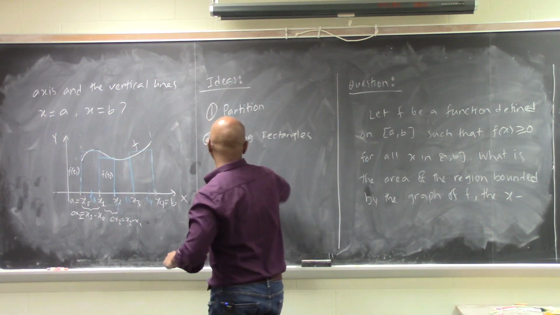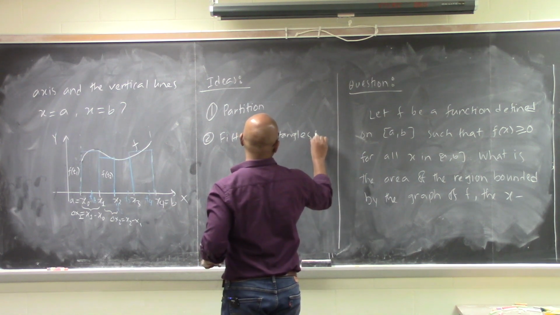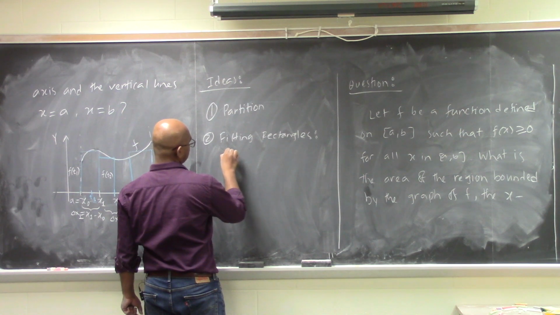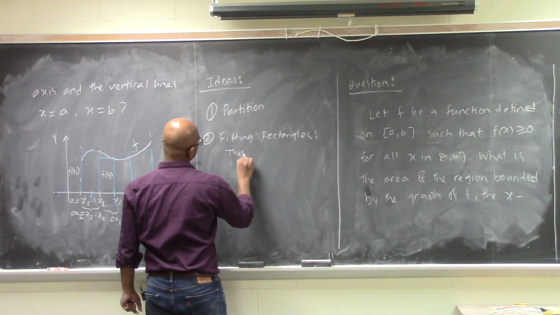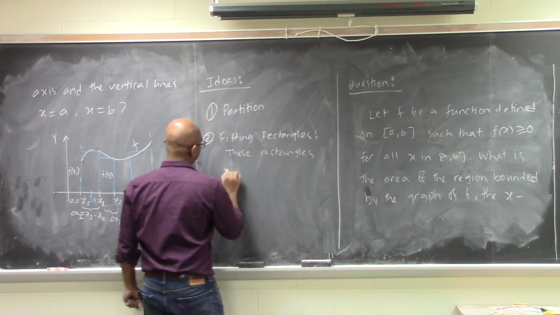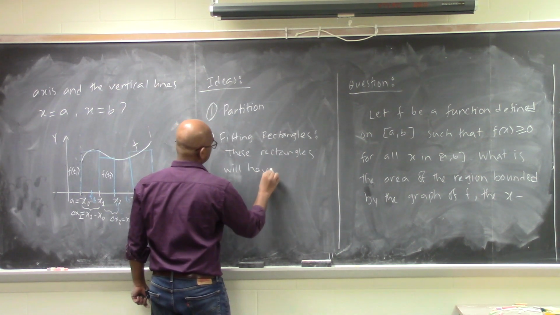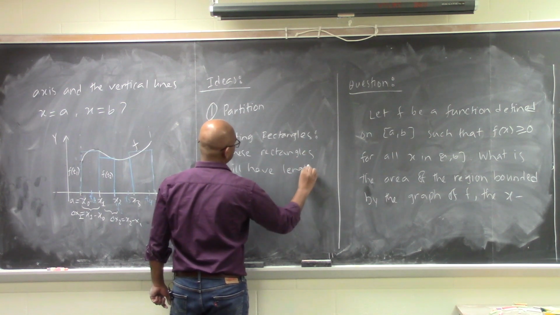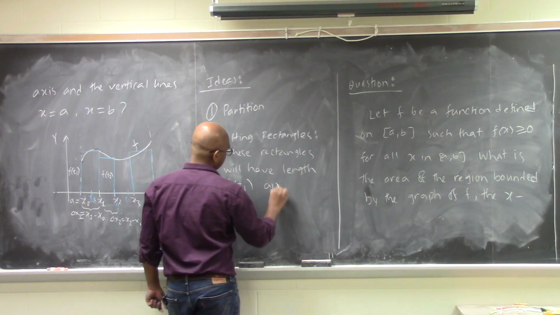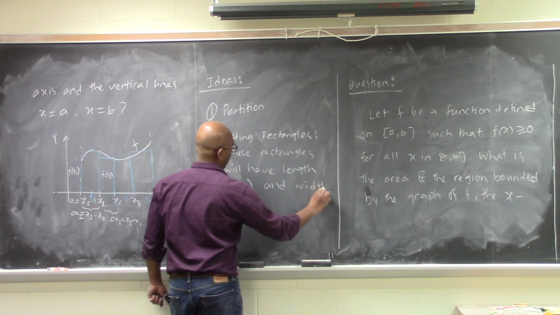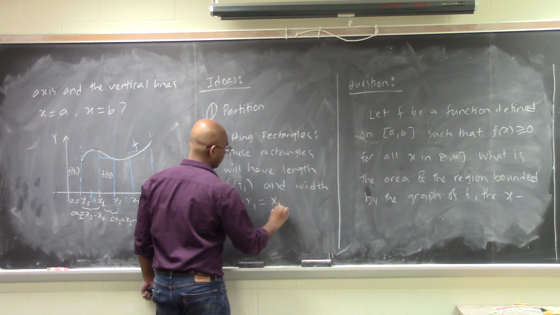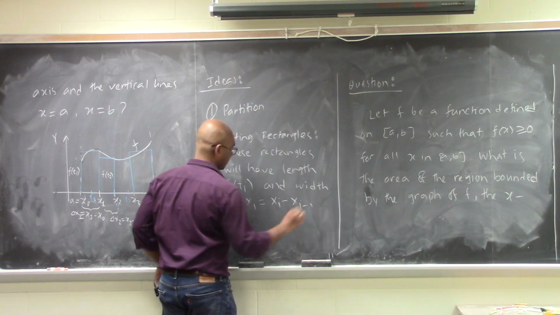It means that first these rectangles will have length, what is the length? f of t sub i, and width delta x sub i. Okay, delta x sub i means x sub i minus x sub i minus 1.